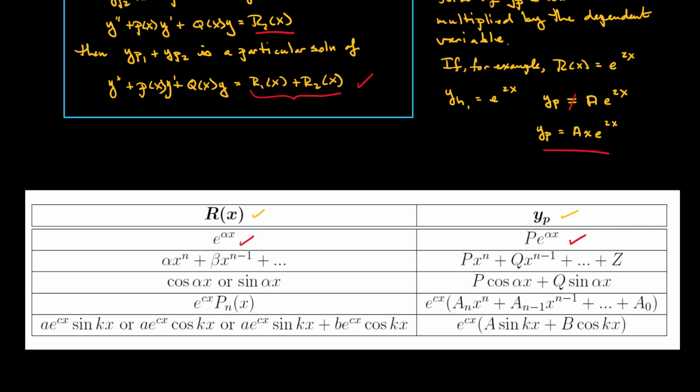If the right-hand side is a polynomial of order n, then you can propose a polynomial of order n as a proposed particular solution. If you have a cosine term or a sinusoidal term, then your proposed solution should be of this form given here, where you have the summation of both a cosine and a sine term.